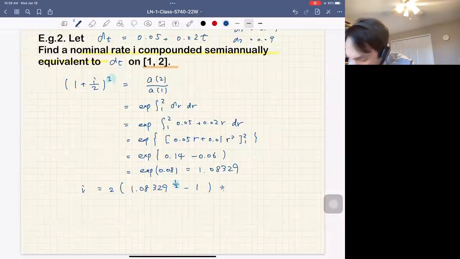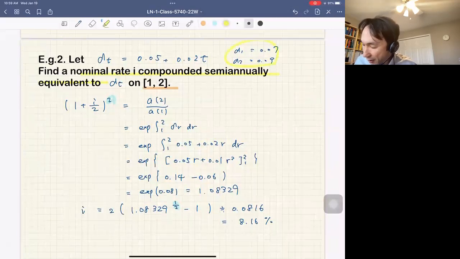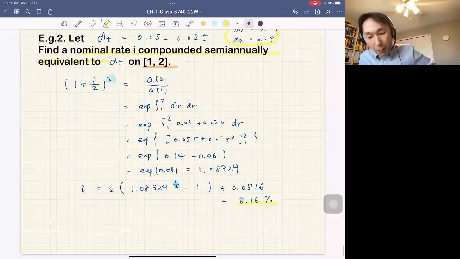So this is approximately equal to 8.16%. Roughly speaking, this is 8% on average, but to be accurate, this is 8.16%. Okay, so that's today's material.